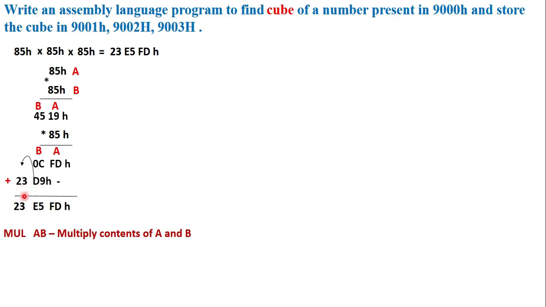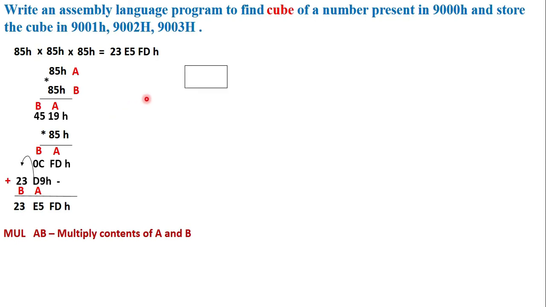Similarly 23D9 will also be stored in B and A registers. We know that 8051 has only one accumulator and one B register, so we need to use additional registers to store these intermediate results to perform this multiplication effectively.